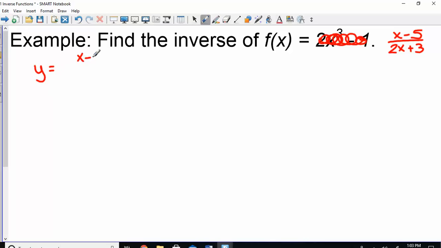So first step, change your f of x to a y. And then, what do we need to do? Switch the x and y, yeah.